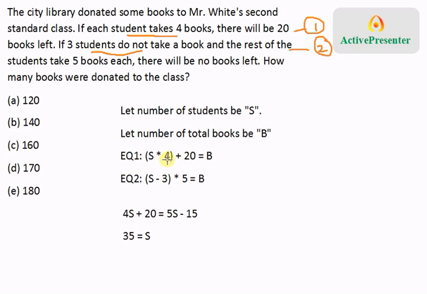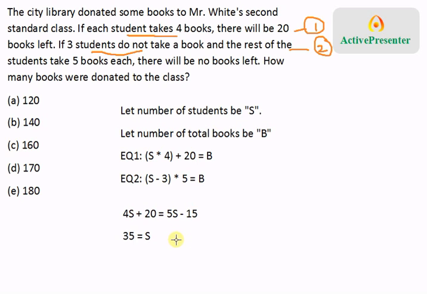If you expand both equations, here it is 4S plus 20, here it is 5S minus 15, and both are equal to B. So you can equate this with this, and you will get this equation.